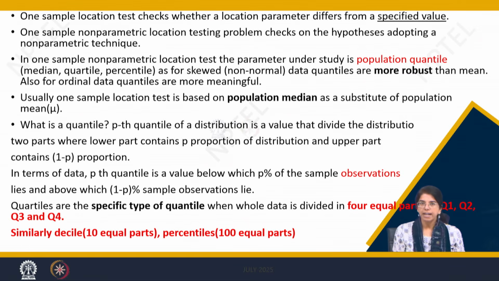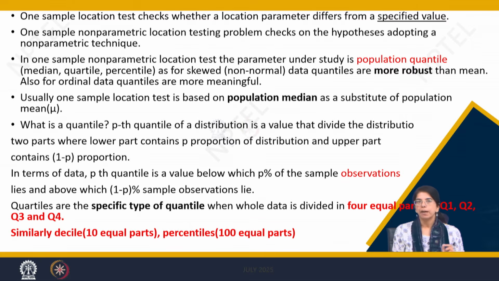What is a quantile? The pth quantile of a distribution is a value that divides the distribution into two parts, where the lower part contains p proportion of the distribution and the upper part contains 1 minus p proportion, and that is what is called the pth quantile.